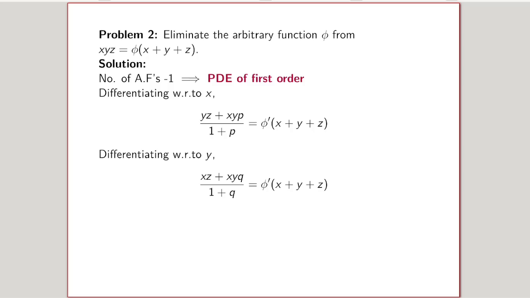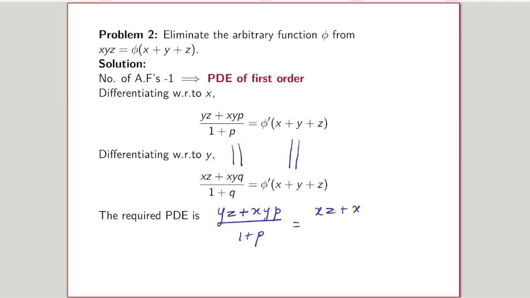So now in order to find the required PDE, since the right hand side are same, we are going to equate the left hand side, that is yz plus xyp divided by 1 plus p will be equal to xz plus xy cube divided by 1 plus q.